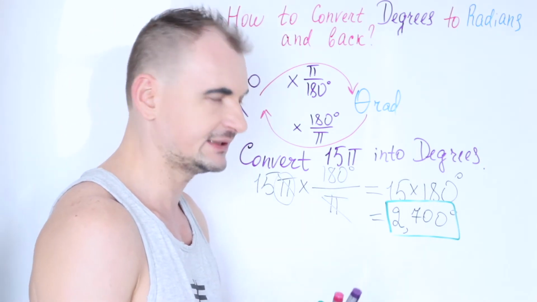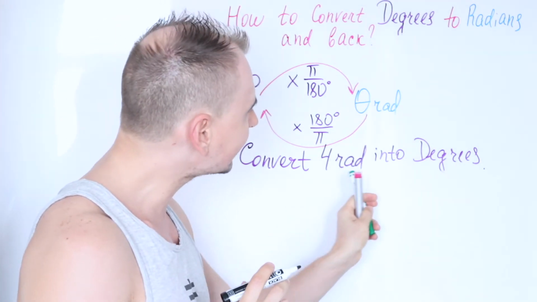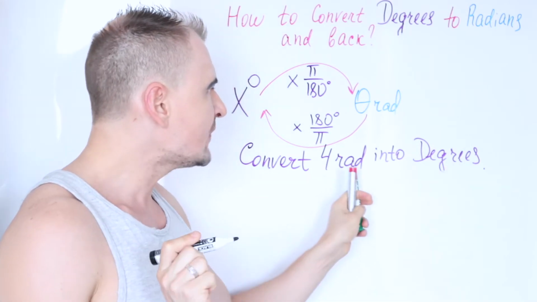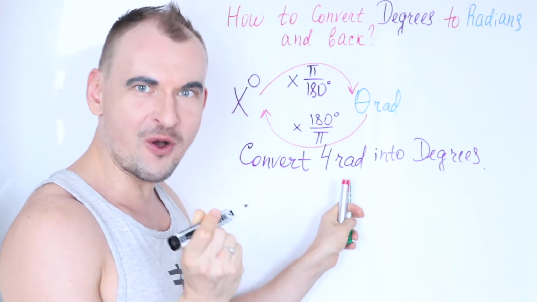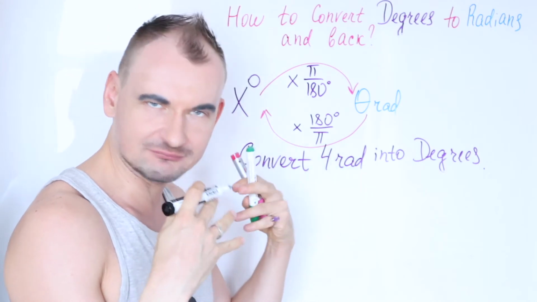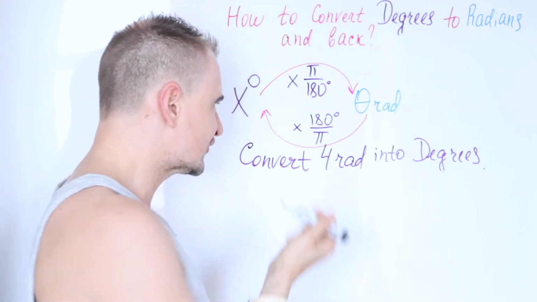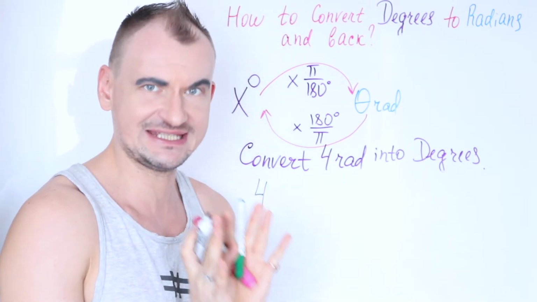Now, suppose you have been given 4 radians and you need to convert it into degrees. And notice there is no pi in your radians. So it's just a naked, if you will, number. So it's just 4. Same idea.